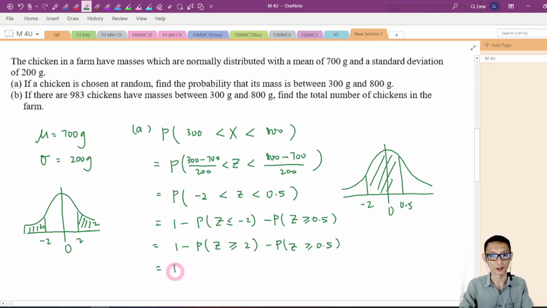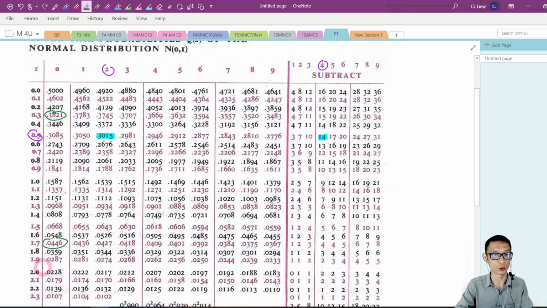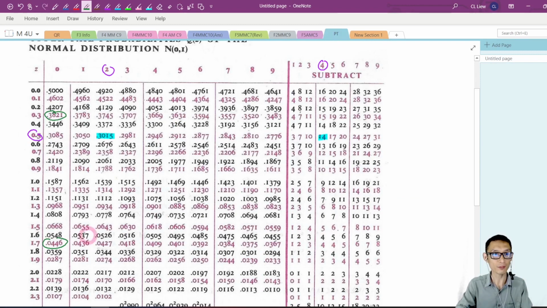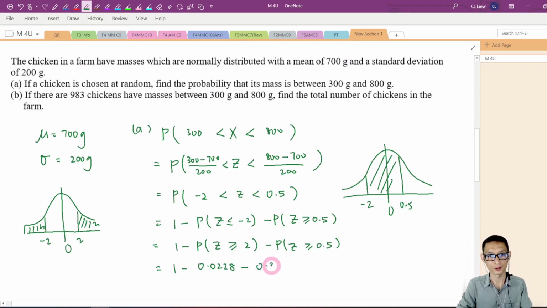Now, just get the answer from the table. 2 is here, 0.0228. How about this? 0.5, 0.3085. Just press our calculator, then we will be able to get the answer.